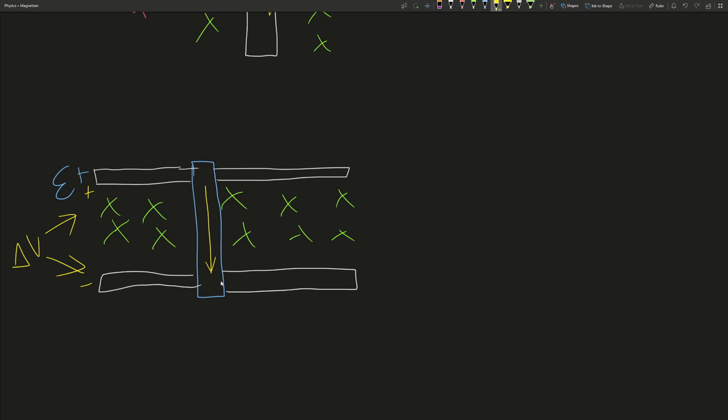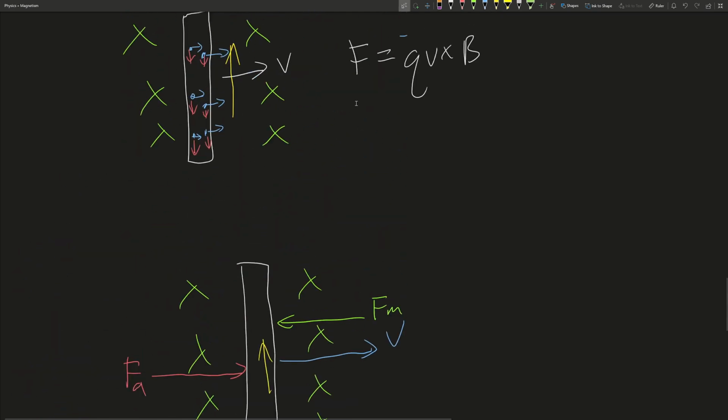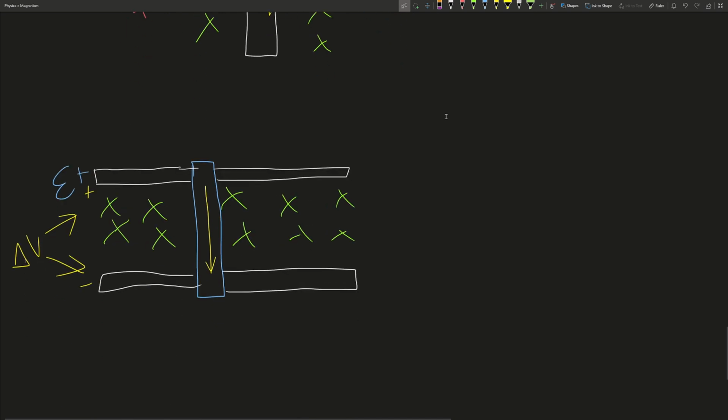Then if there's a current flowing through this bar here, then by this Lorentz force, we know that since the magnetic field is going into the page and this current is flowing downwards, there's going to be a force on this bar that causes it to accelerate towards the right.